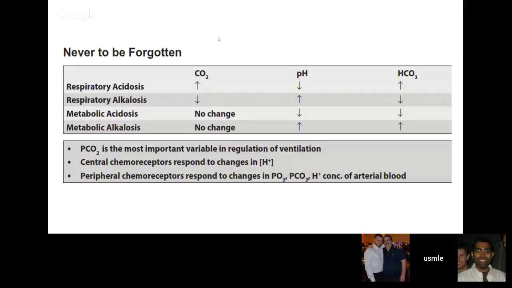If you have an increased PCO2, you have hypoventilation. If you have decreased PCO2, it means you have hyperventilation. So CO2 increases because you have hypoventilation, and CO2 decreases because you have hyperventilation. But every time you have an increase of PCO2, your body should react by increasing your ventilation, and vice versa.